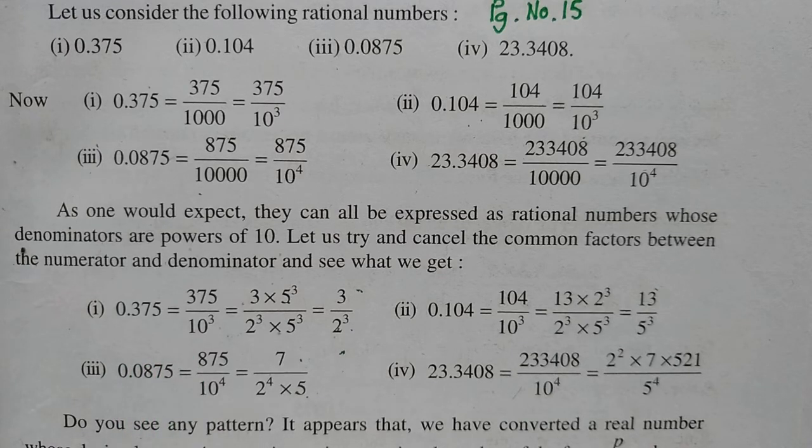Here you can see that it terminates because here is 2, here it also terminates because here is 5, here is 2 and 5 both, so here also it terminates. So in this rational expression, everywhere, if the denominator is a power of 2 or a power of 5 or both 2 and 5, then the decimal expansion is always terminating. Clear?